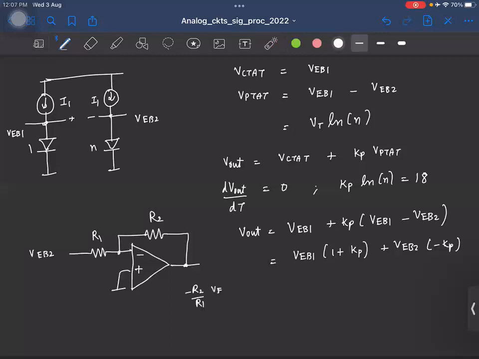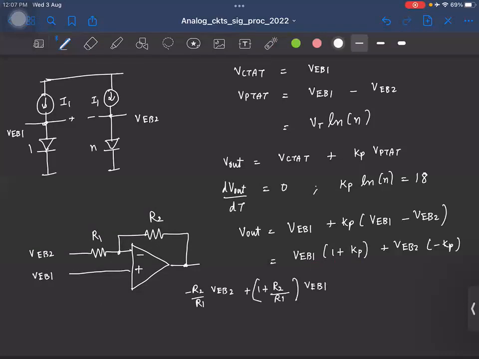This is VEB2. Now we also need to amplify this by 1 plus the same gain. So what do we do? At the non-inverting input, you apply the other input. So probably let me draw it like this. VEB1, right? So now VEB1 will be amplified by 1 plus R2 by R1.